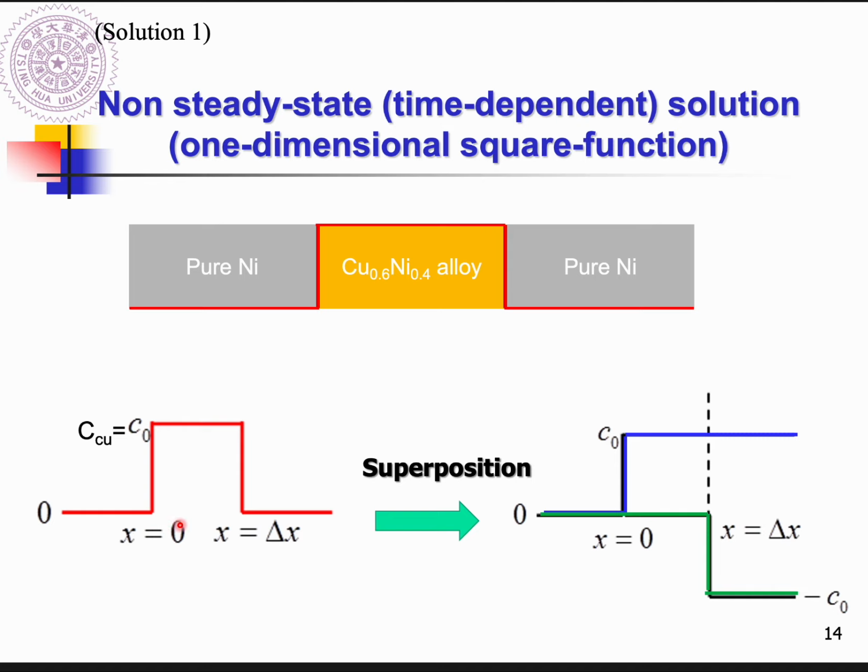So we check, for 0 to delta x, the concentration, yes, is C0, right? And if x is larger than delta x, then we sum C0 and minus C0 together, so the concentration is 0, right? So if x is larger than delta x, the concentration remains 0. So yes, we can use these two step functions to get this square function.